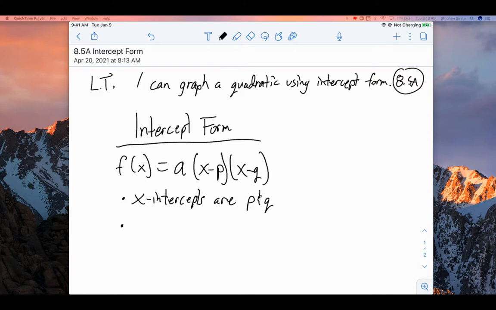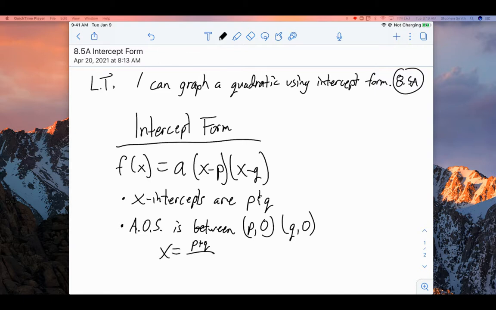The axis of symmetry, AOS, is between p comma 0, that's one of the intercepts, and q comma 0, that's the other intercept. Meaning x is equal to p plus q divided by 2.